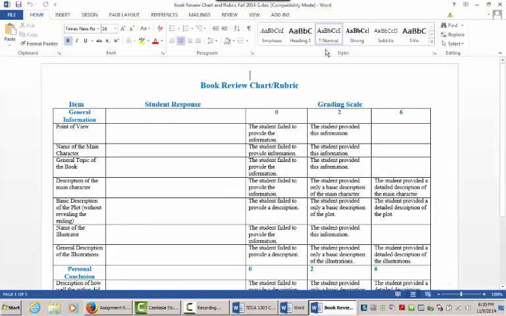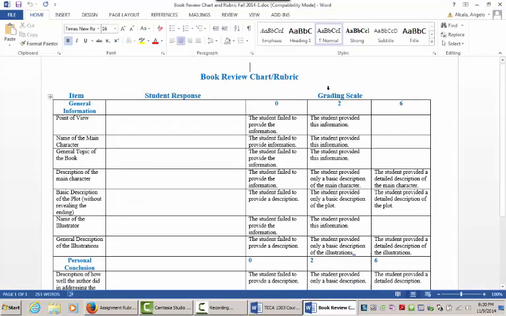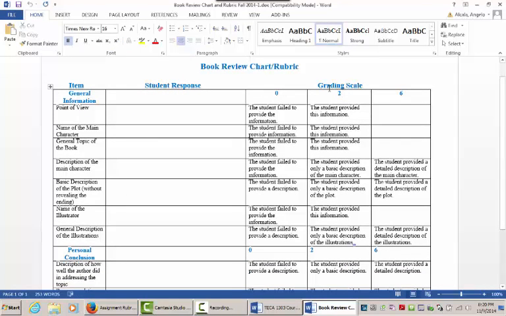and open the document. Okay, it asks you some general information about what you just read. Point of view, basically asking you if it's in the first person, second person, third person, I, you, or he, she. That's what they're asking. Type your response here and continue on down.